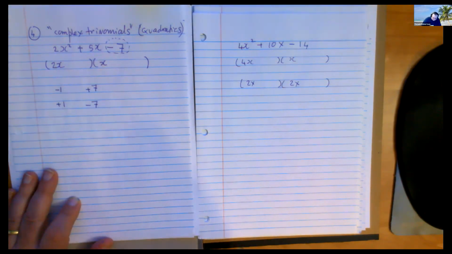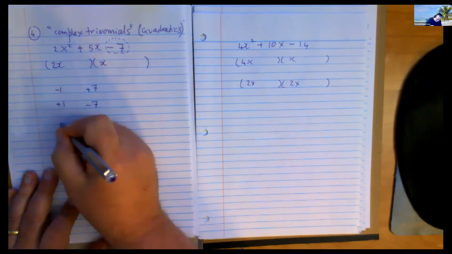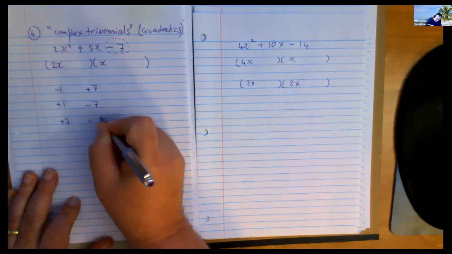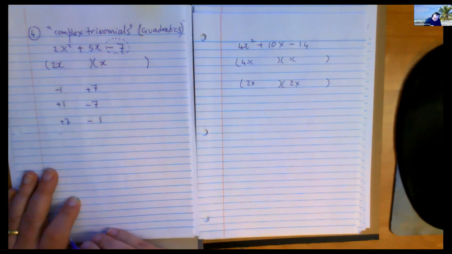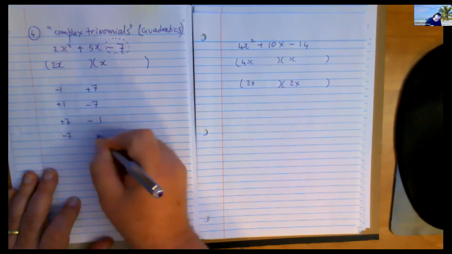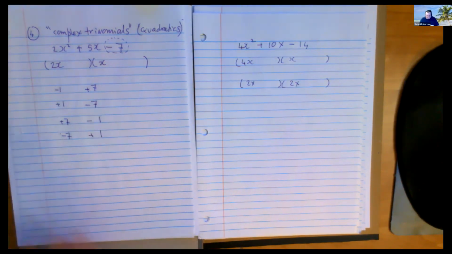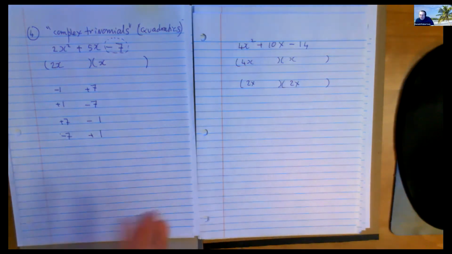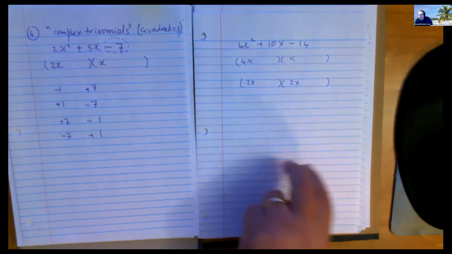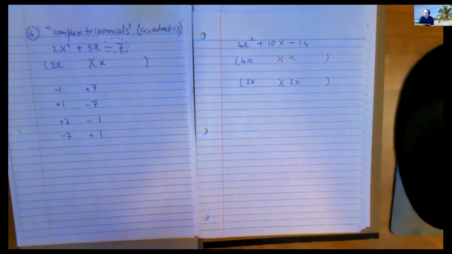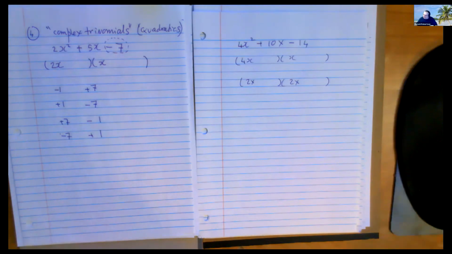And unfortunately, here's the kicker. The order is now important. When you're doing a simple one, if the number was +2 and -3, it really didn't matter which one you made first or second, it always works. On the simple ones, order is irrelevant.